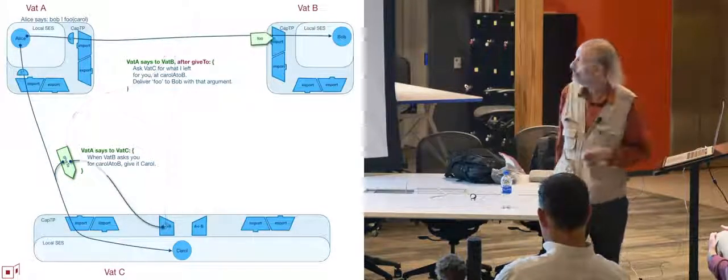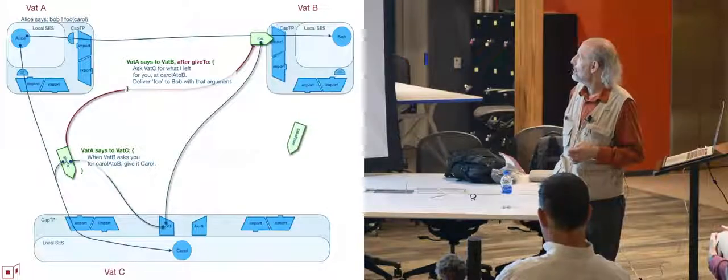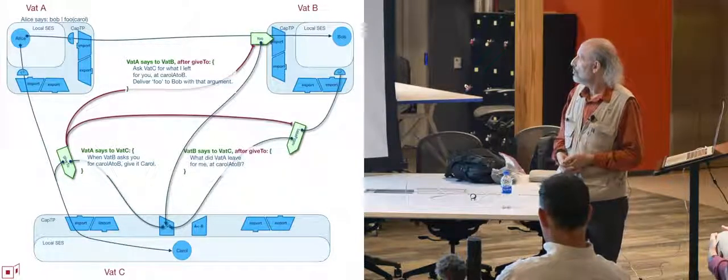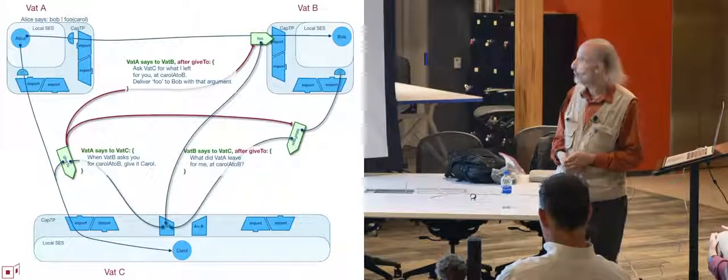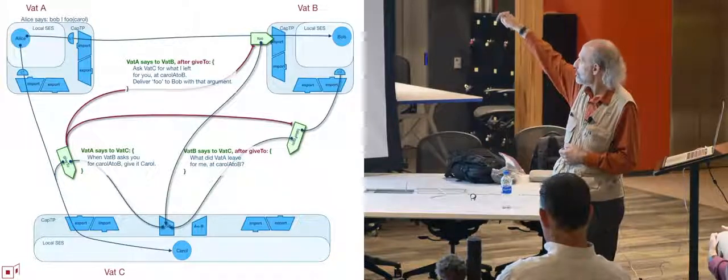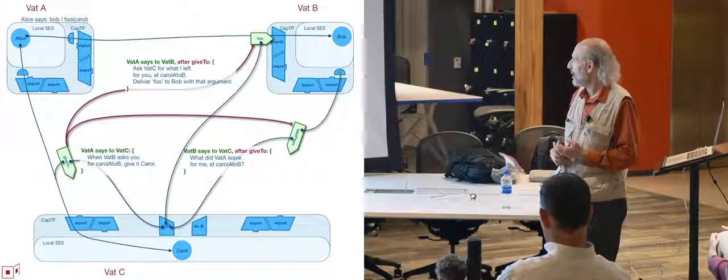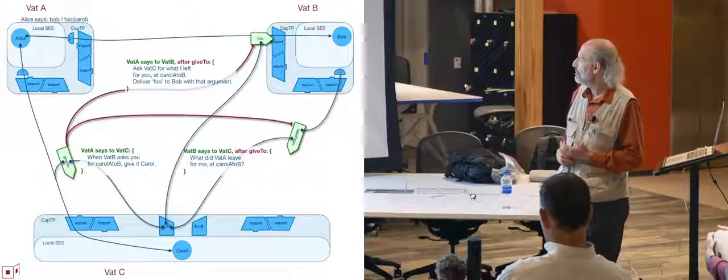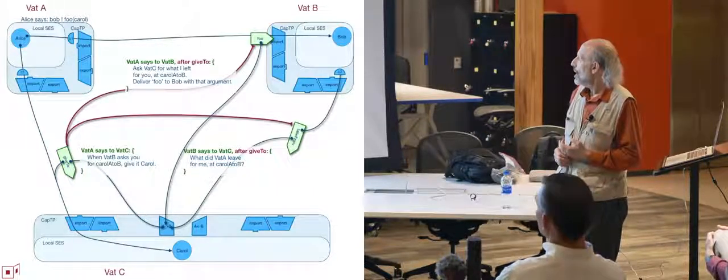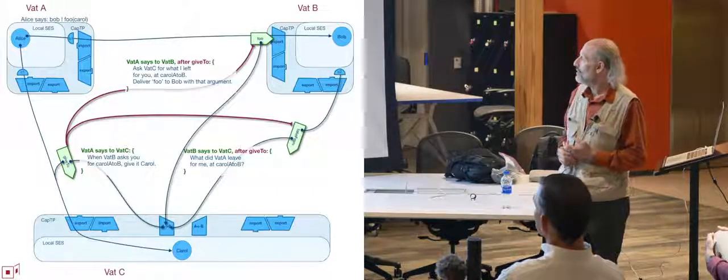When that message arrives at VAT B and VAT B proceeds to unserialize it, the first step in the unserialization is sending a corresponding take-from to VAT C, asking, what did VAT A leave for me at Carol A-to-B?